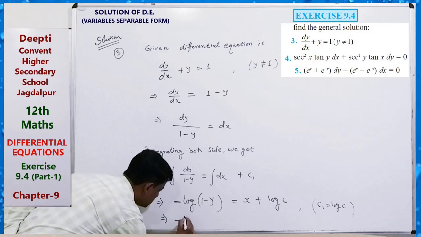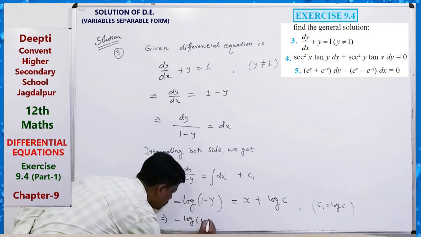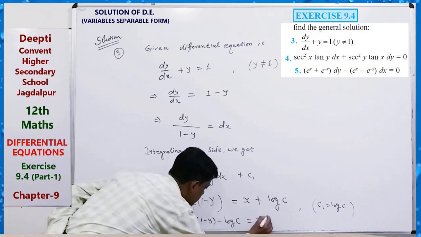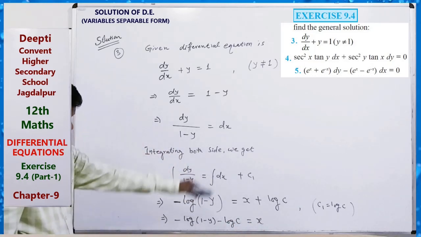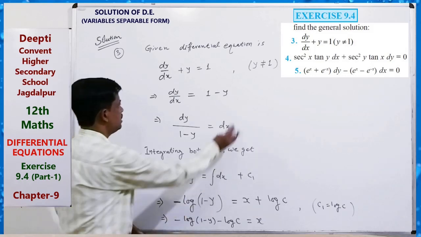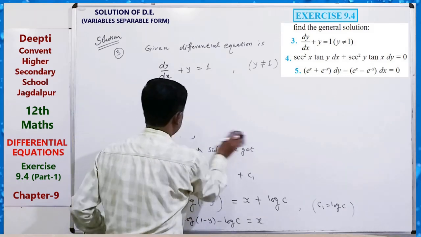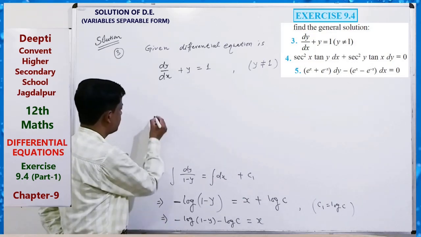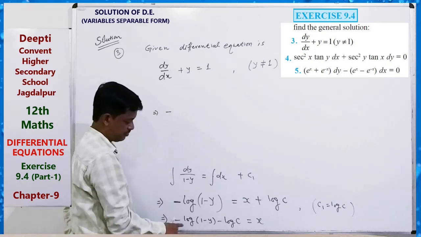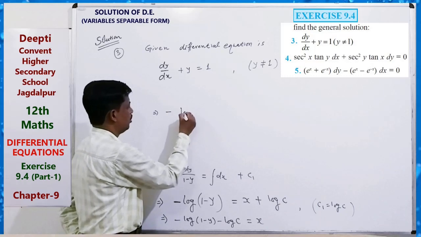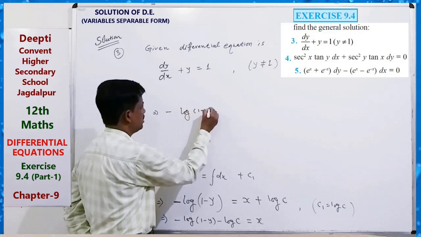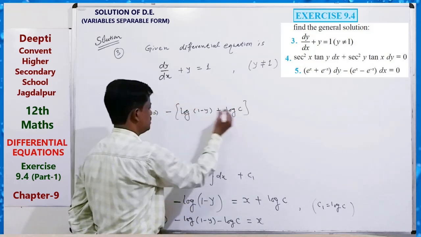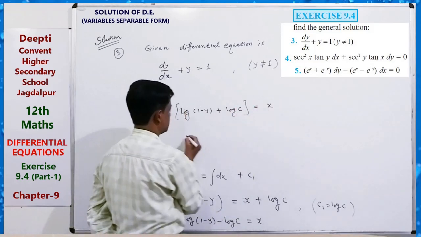Now minus of log of 1 minus y minus of log c equals x. Just like this, transfer the log to the left hand side. Now simplify it. We can get the solution as: minus of log of 1 minus y plus log of c equals x.